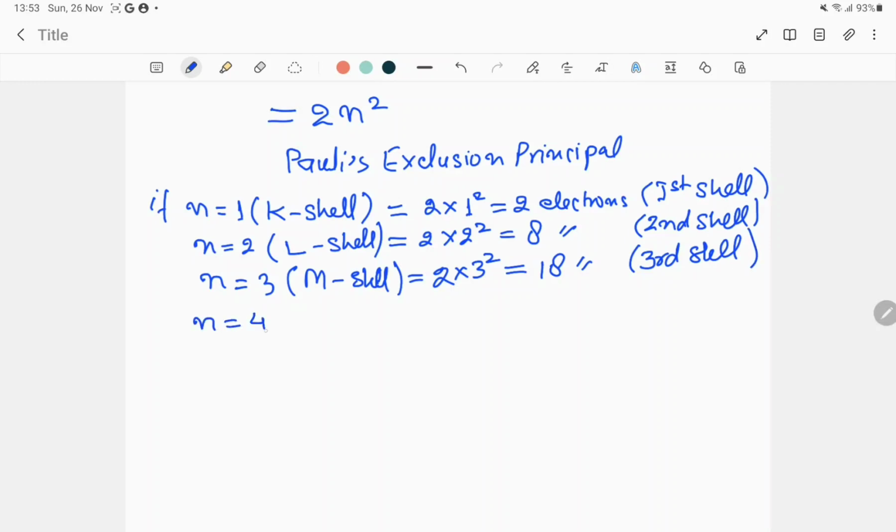If n is equal to 4, N shell, that is 2 into 4 square, 32 electrons in the fourth shell.